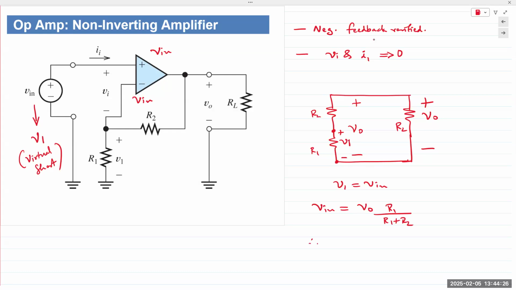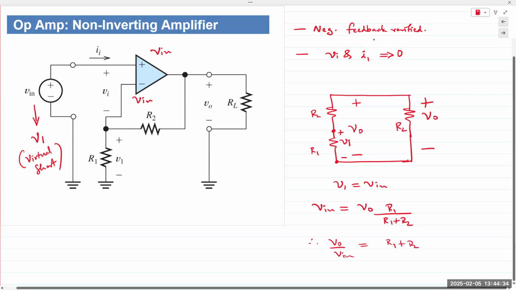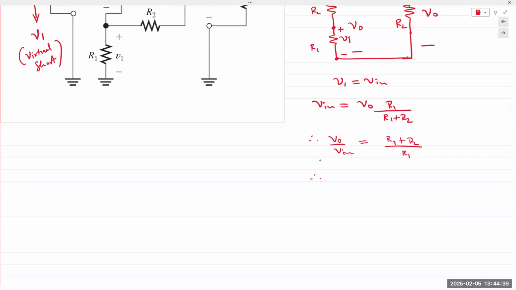If we rearrange the terms, I obtain V out over V in is equal to R1 plus R2 over R1. Therefore, the gain expression AV is 1 plus R2 over R1.